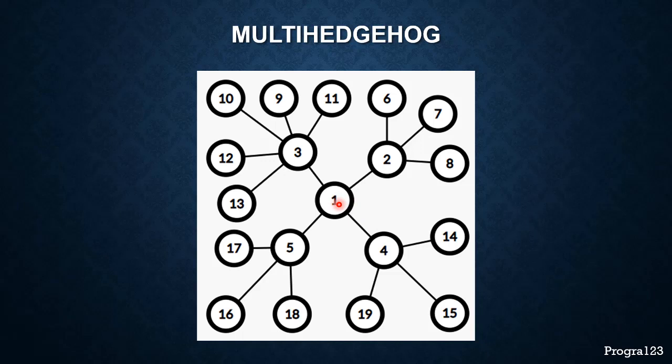So how do I get the center of the graph? Basically, we just have to run a DFS from any leaf and get the longest path, I mean the farthest leaf that we have from this leaf.